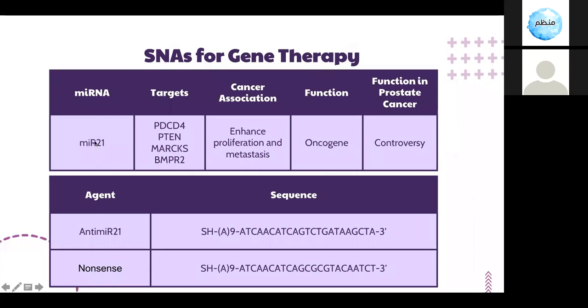In prostate cancer, there is a defective gene called MER21. The gene is known to regulate so many important genes like PTEN. All of those consider them as tumor suppressors, meaning soldiers.